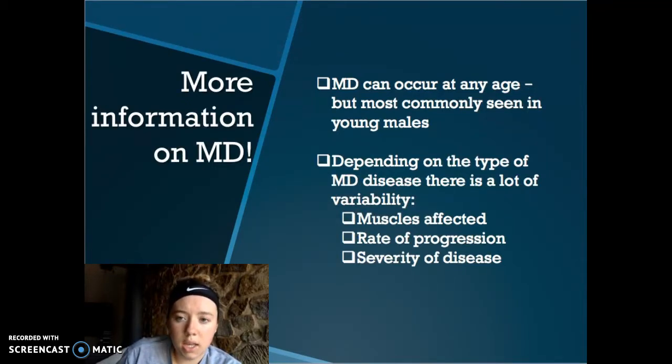It can occur at any age, but most commonly seen in young males. So a lot of people are like, why young males? This is because a child or a male inherits the X chromosome from his mother and a Y chromosome from his father, which is what makes him male.